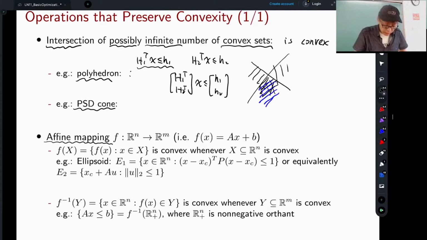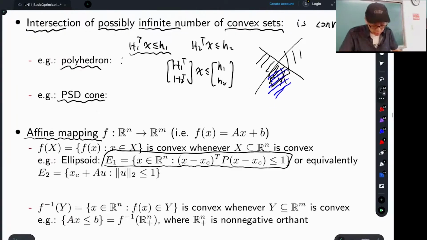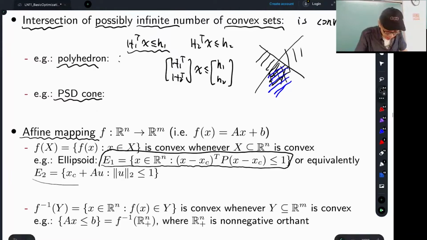What does that mean? For example, suppose I have my E1. What is this kind of set? Ellipsoid, right? Ellipsoid. We can write this ellipsoid equivalently like this as well.